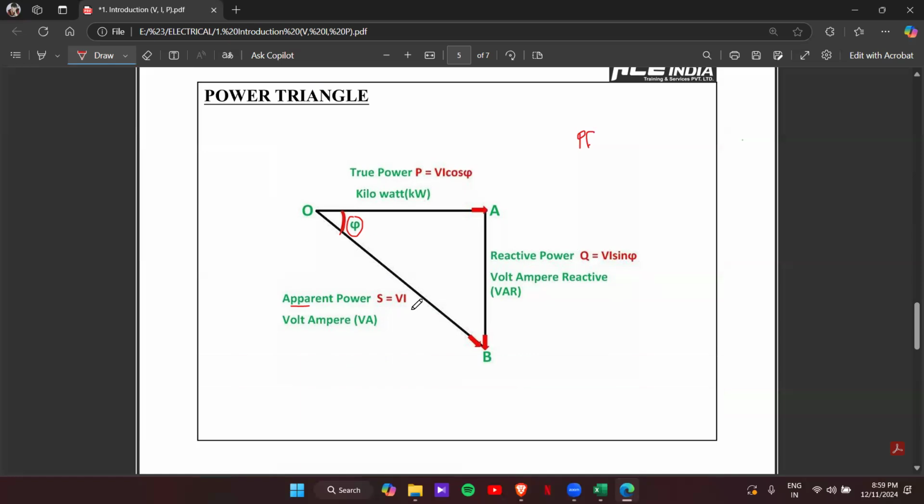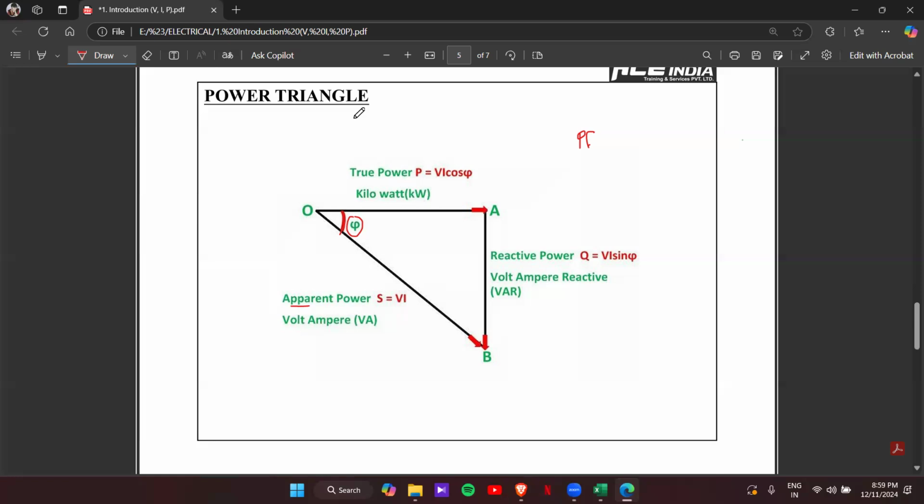Apparent power as usual will be VI itself. That's how you formulate the equation for true power and reactive power. For now, just understand this concept. In coming classes, we'll discuss more. When we come to the APFC panel calculation, we'll go into detail. For now, I'm just introducing the formulas.